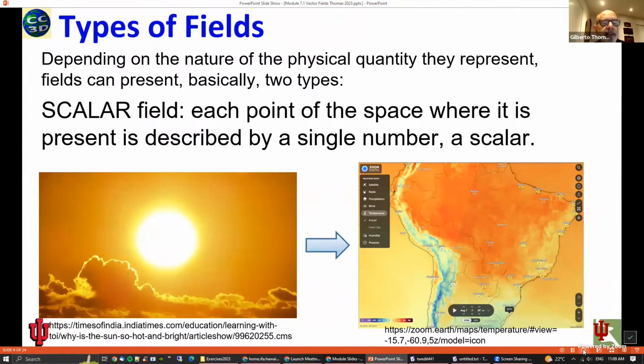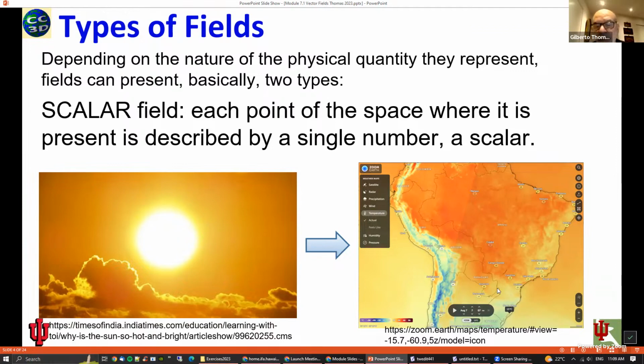We can describe fields basically as having 2 types. A scalar field, where each point of the space where it's present is described by a single number, just a value, which can be positive, negative, integer, real. Like here you have, for example, the heat from the sun transformed in a color map, a heat map, showing different regions of the Earth, which present different temperatures.